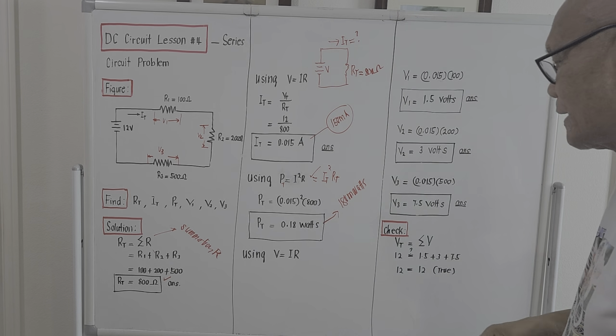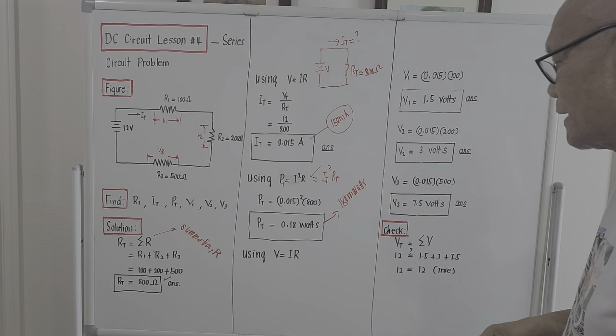And again, this I sub 2 is the same as I total. The current is common, right? Sorry, it will just be simply I total times R1. Okay, 0.015 times 100, that is 1.5.